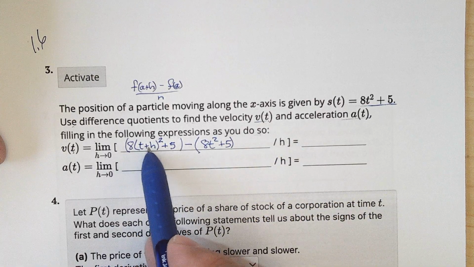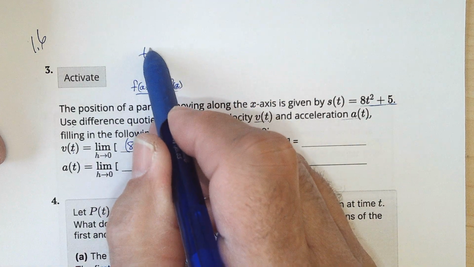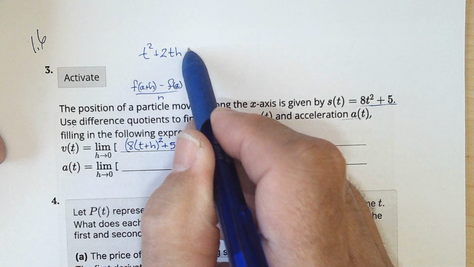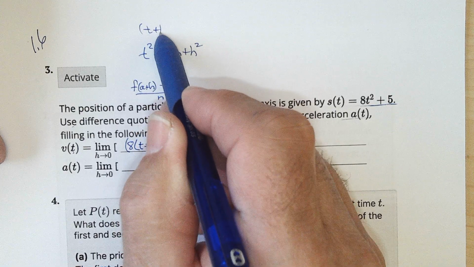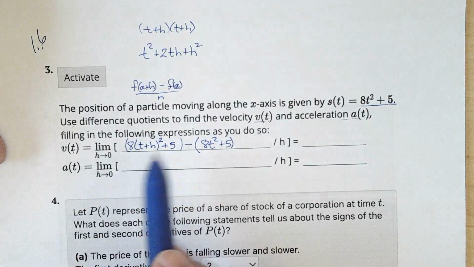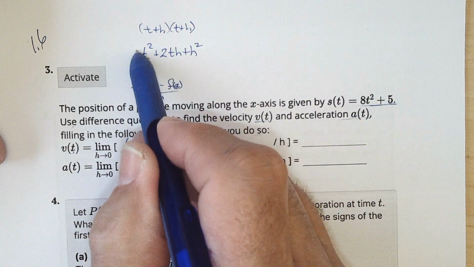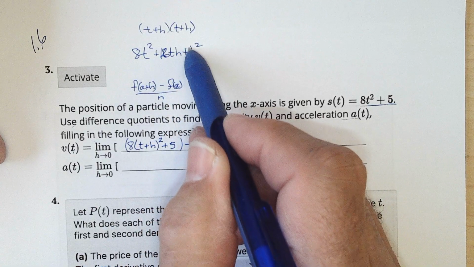So (t plus h) squared is going to be t squared plus 2th plus h squared, when I multiply t plus h times t plus h. And then I've got to take that times 8, so I'm going to have 8t squared, 16th, and 8h squared.